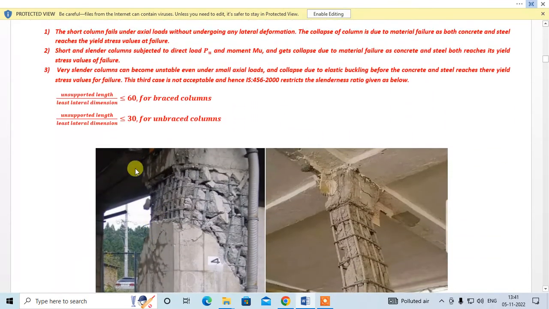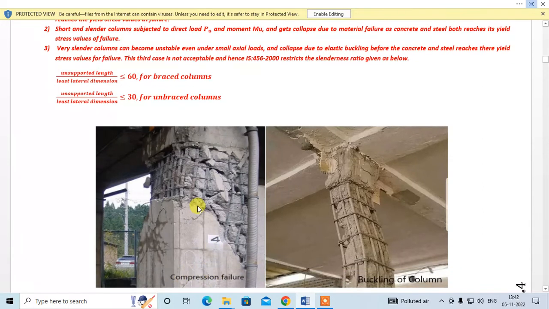The short column fails under axial loads without undergoing any lateral deformation. The collapse of the column is due to material failure as both concrete and steel reach their yield stress value at failure. So this is a compression failure, where you can see the material reaches its yield stress and the failure occurs.